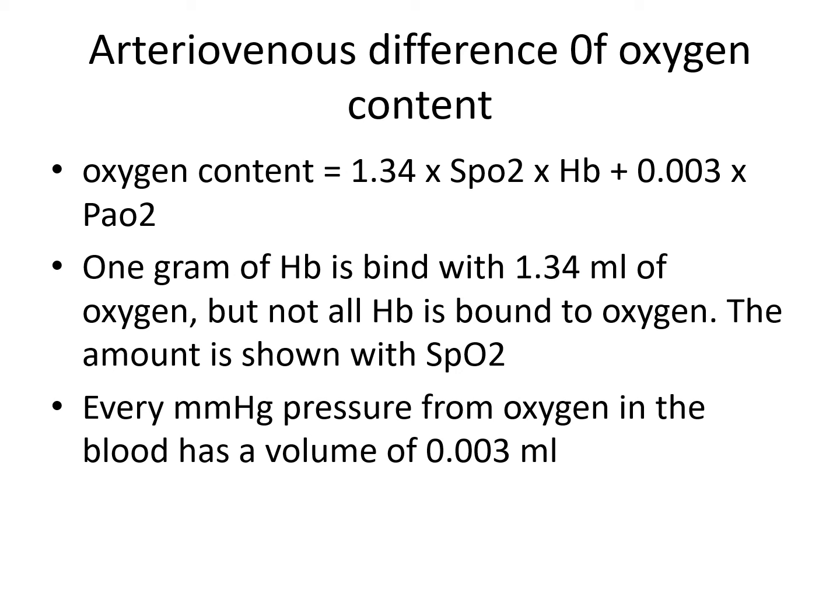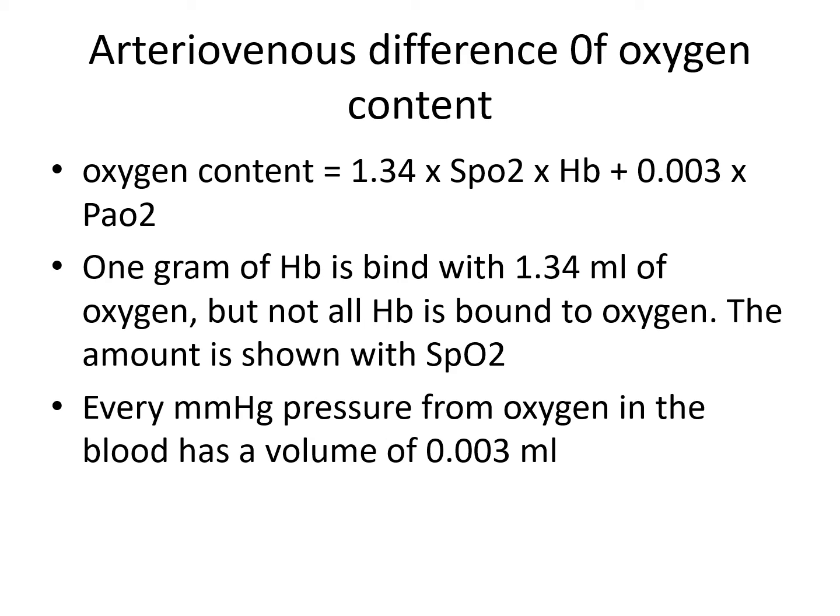Oxygen content equals 1.34 milliliter times SpO2 times hemoglobin, plus 0.003 milliliter times PaO2. It means 1 gram of hemoglobin is bound with 1.34 milliliter of oxygen, but not all hemoglobin is bound to oxygen. So we should multiply by SpO2.